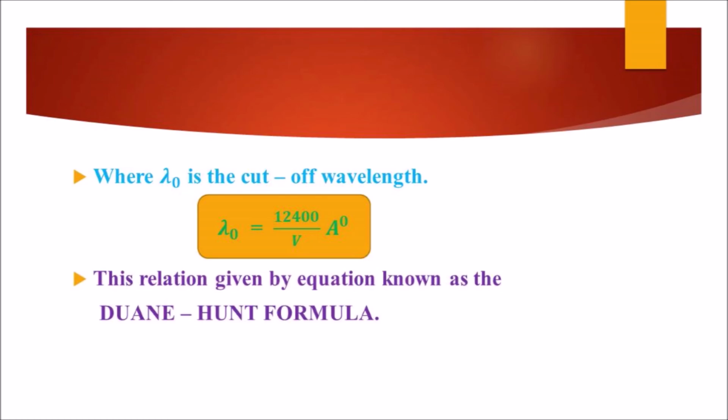By substituting the known values in the above equation, that is h is the Planck constant, c is the velocity of light, and e is the electronic charge, the lambda naught equation becomes 12,400 by V in Angstrom. This relation is known as the Duane-Hunt formula.